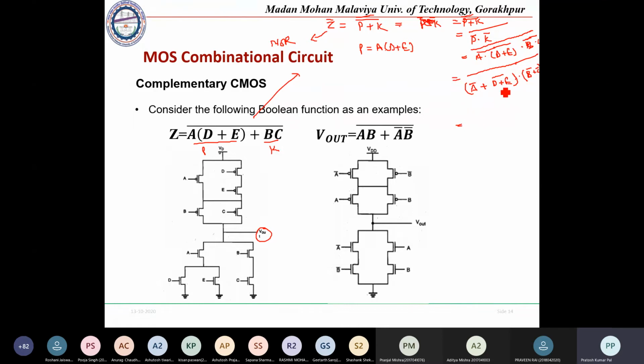And again we will be breaking it further. So it will be A bar plus D individual bar into E bar. So after simplification, we will be getting it like that.